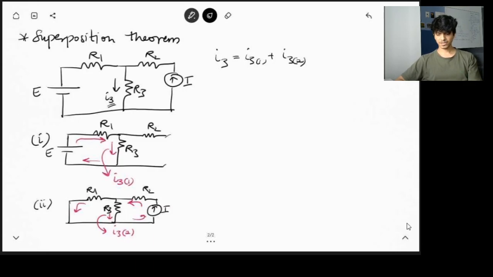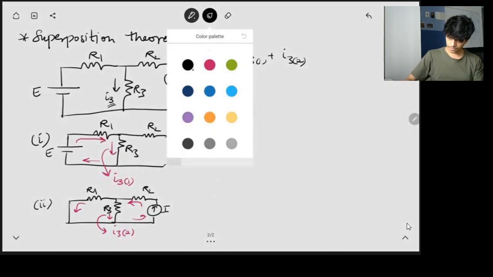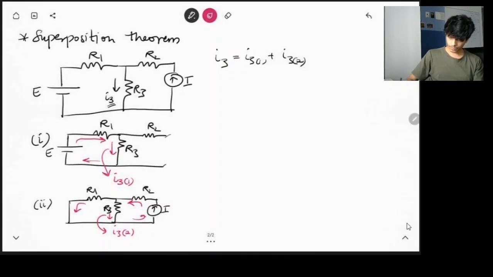It's a very straightforward theorem, nothing much to describe over here as such. In fact, why don't we do this explicitly? So if you look at this diagram 1 over here, there is no current flowing through R2, so the entire current flows through R1 and then R3 in series. So I31 is just E divided by R1 plus R3.